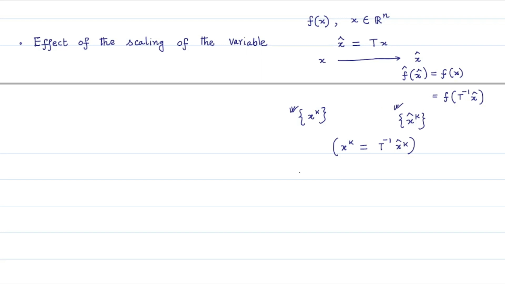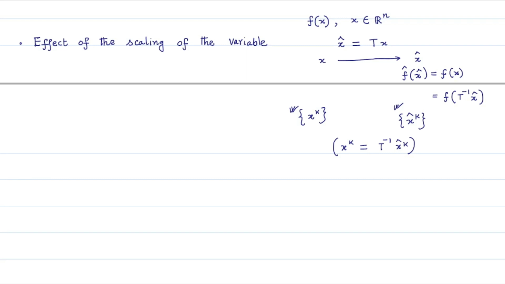In the earlier lectures, we have seen that the steepest descent method is not invariant to the scaling of the variables, and the Newton method is independent of the scaling of variables. Similarly, we can also realize that the quasi-Newton methods are invariant to the scaling effect.